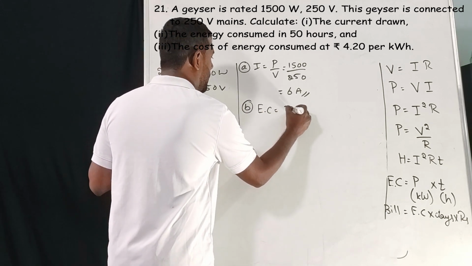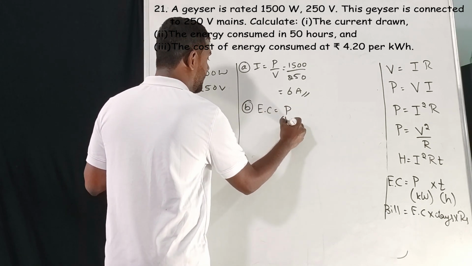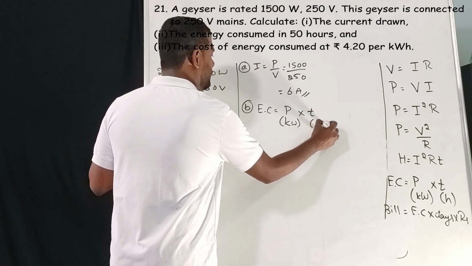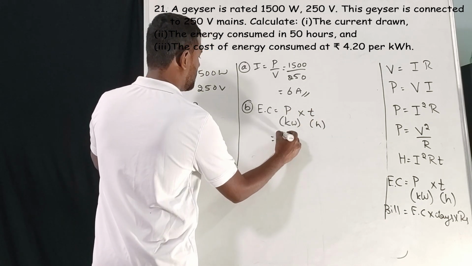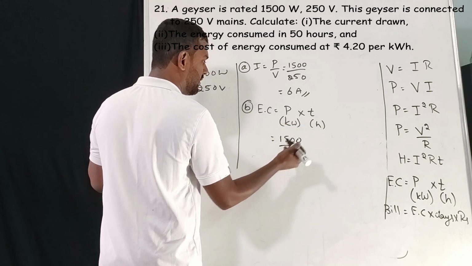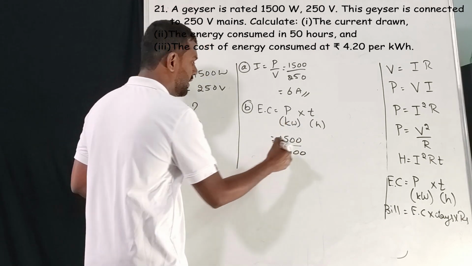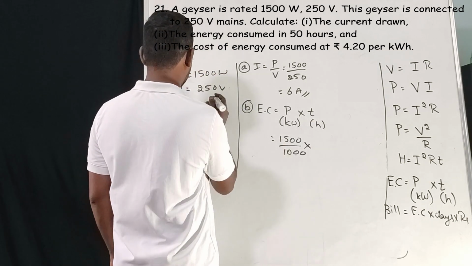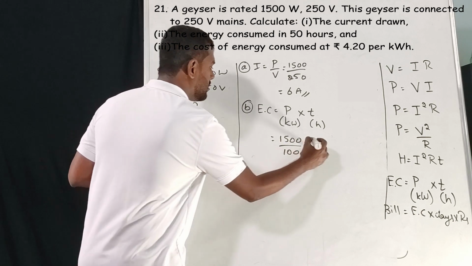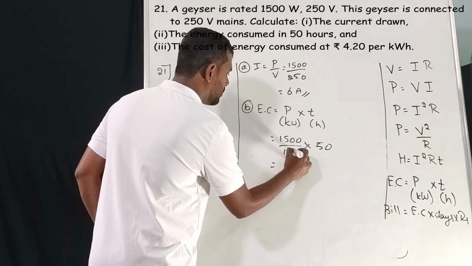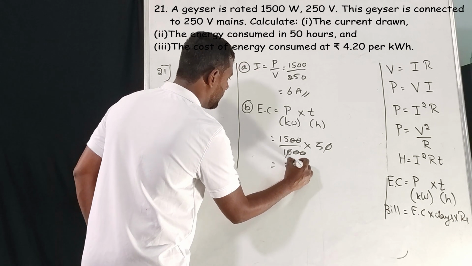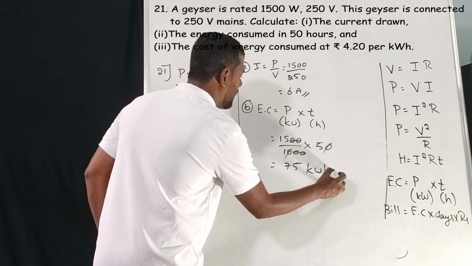EC is equal to power, which should be in terms of kilowatt, and time in terms of hours. Power is given as 1500 in watt, so divide by 1000 to convert into kilowatt. Time is given as 50 hours, correct? So that is 50. So 2 zeros, 2 zeros, 1 0, 1 0, 15 5s are 75 kilowatt hour.